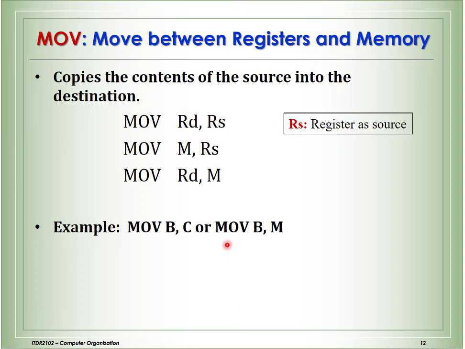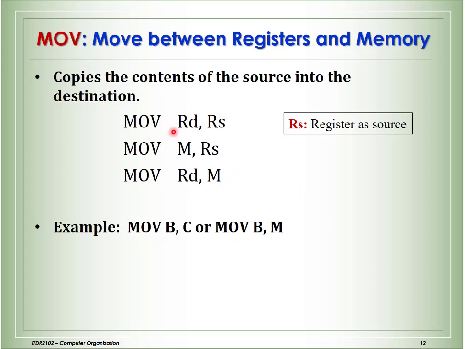Now move between registers and memory. The difference between MVI, move immediate, and MOV is that in MVI the constant value goes directly to the register, memory or accumulator. But here the contents of the source go into the destination.